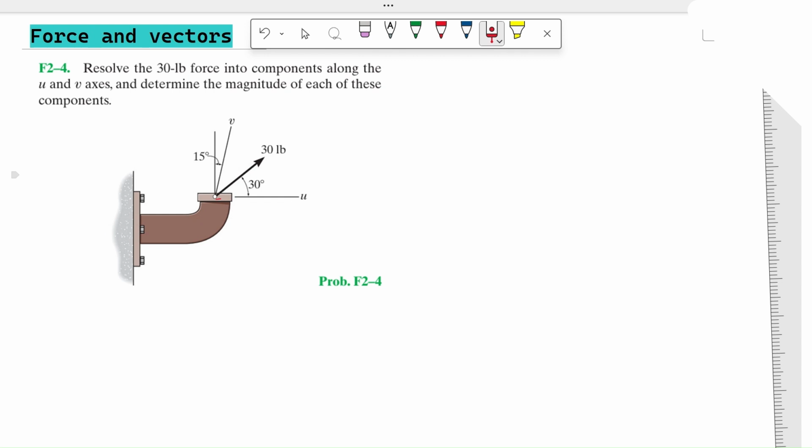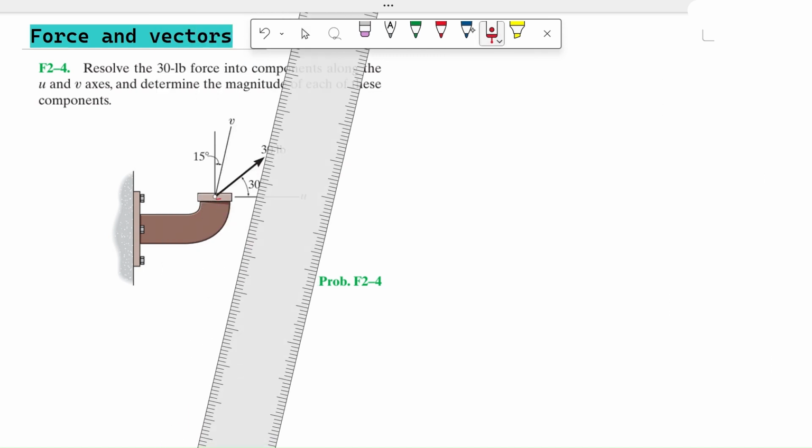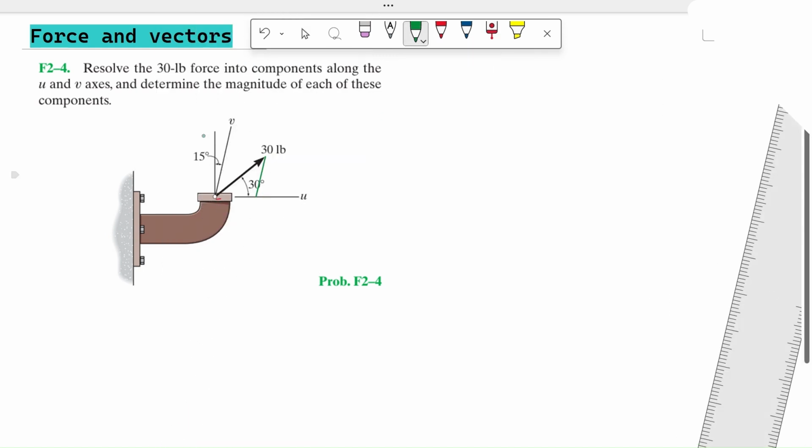So now I will be drawing a parallel line from this resultant to this axis. So here you can see that this will be FV, and from origin, this straight line along this U axis will be FU.